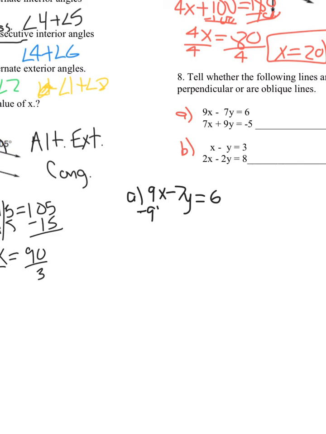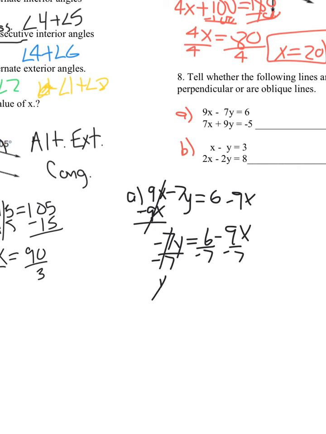You're going to subtract 9x from itself here so it cancels out and winds up over there. Negative 7y equals 6 minus 9x. Divide negative 7 to everything. y equals negative 6 over 7 minus 9 divided by negative 7, plus 9/7 x.